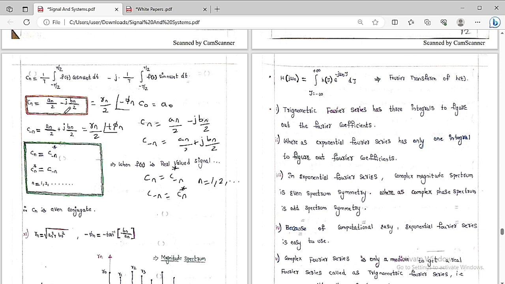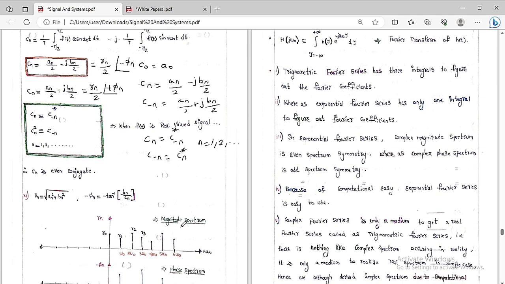This is the rectangular format; if we convert to polar format, we get Rn by 2 at a phase angle of minus phi n, and Rn by 2 at a phase angle of plus phi n. So Rn is root over an square plus bn square, plus phi n is tan inverse of bn by an, and minus phi n is minus tan inverse of bn by an.